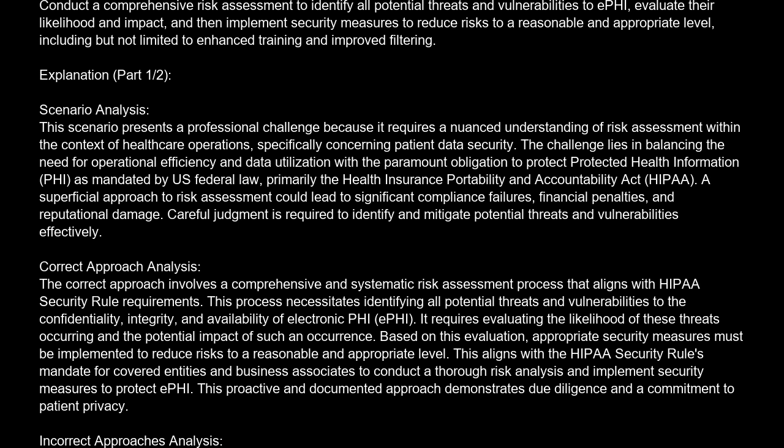Based on this evaluation, appropriate security measures must be implemented to reduce risks to a reasonable and appropriate level. This aligns with the HIPAA security rule's mandate for covered entities and business associates to conduct a thorough risk analysis and implement security measures to protect ePHI. This proactive and documented approach demonstrates due diligence and a commitment to patient privacy.